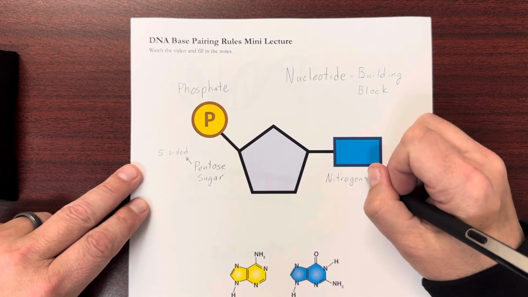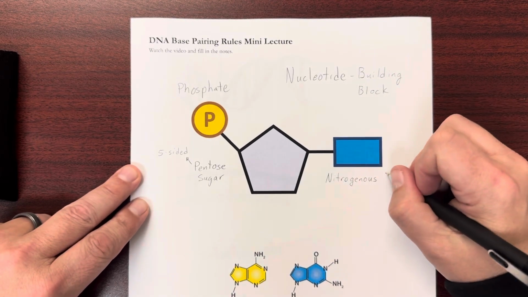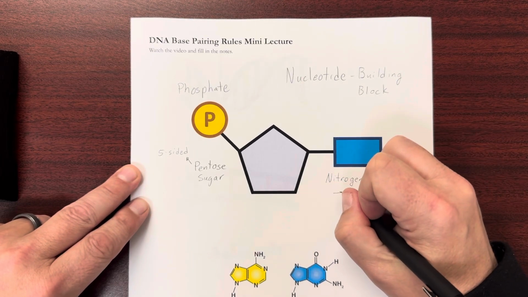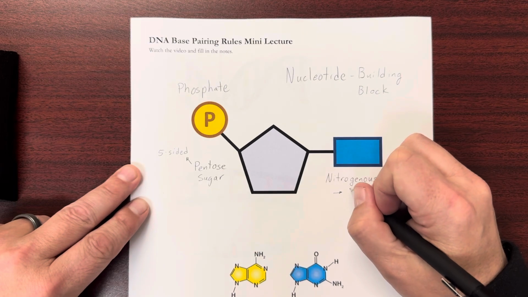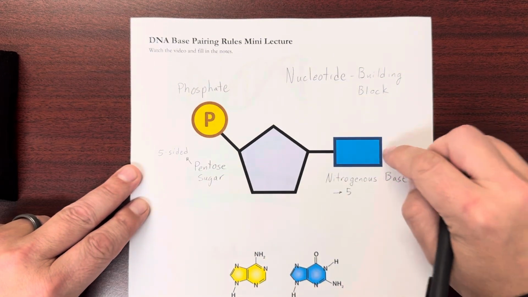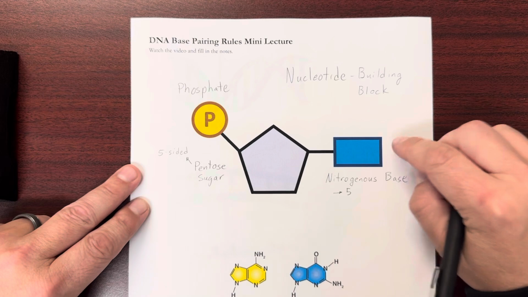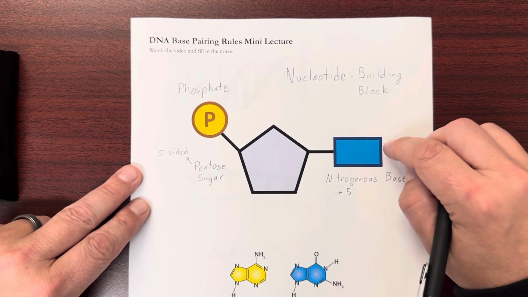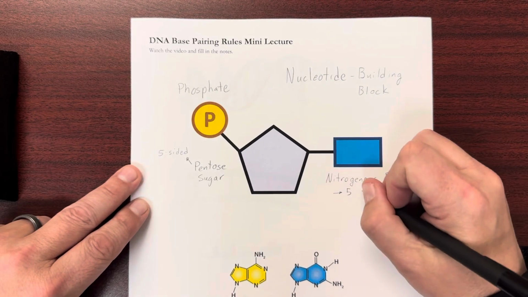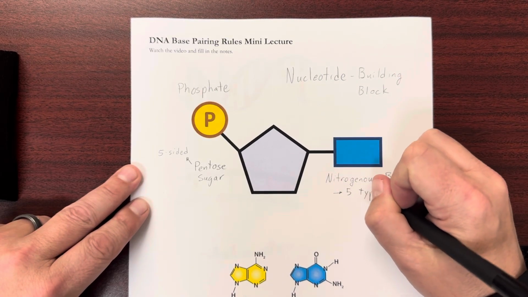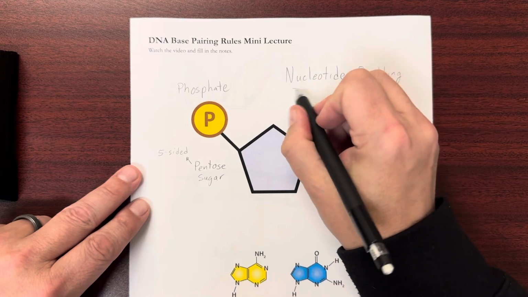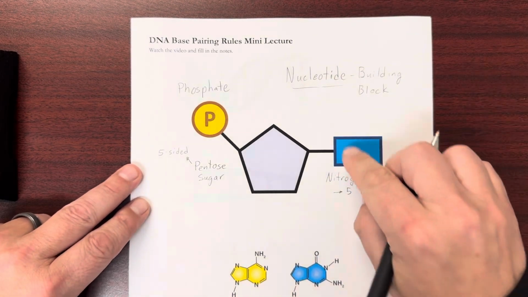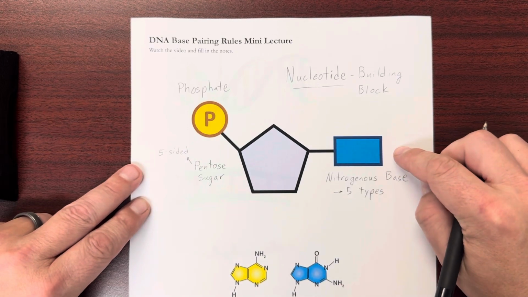That's not actually what the nitrogenous bases will look like though, because there are 5 different types. We don't actually have the structure in this image of the nitrogenous base, but this is going to be where your actual genes come from, the code for your genes. This is the nitrogenous base that does that. All right, so this is our nucleotide here, our building block for DNA.